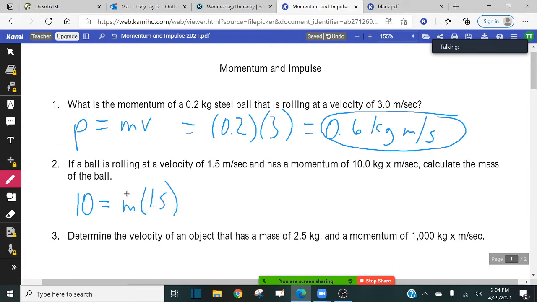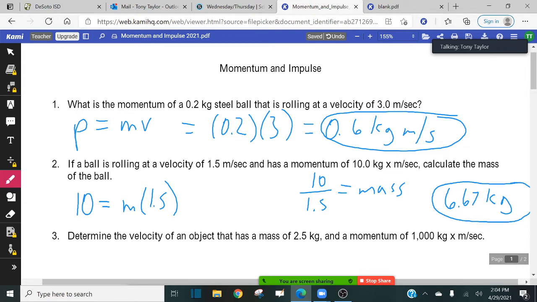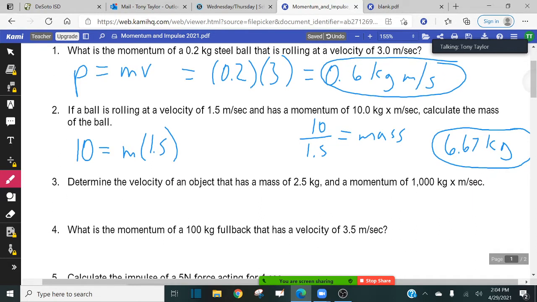You guys know how to solve this for mass. In order to get mass by itself, you just divide. So 10 divided by 1.5 gives you 6.67 kilograms. That is the object's mass in number 2. Super easy. Let's just keep going.